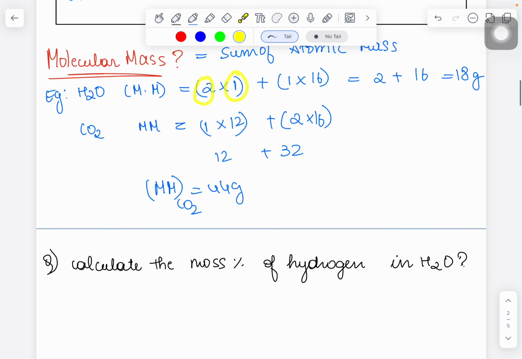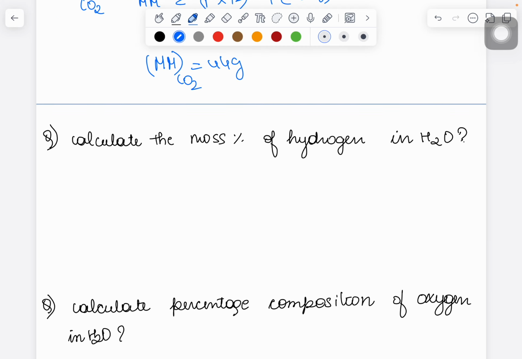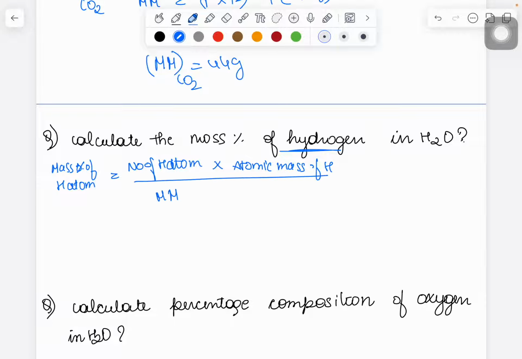Let's see one example. Calculate the mass percentage of hydrogen in water. How to find out? Put the formula. Mass percentage of hydrogen atom is equal to the number of hydrogen atoms into the atomic mass of hydrogen, divided by the molecular mass of H2O, and since it is a mass percentage, into 100.